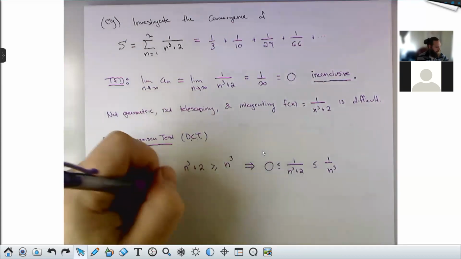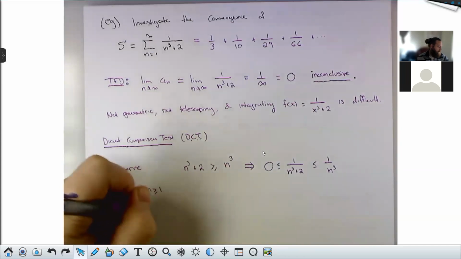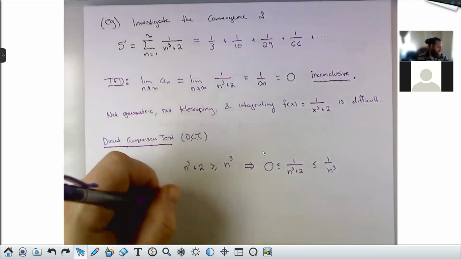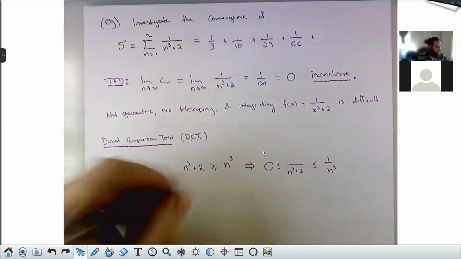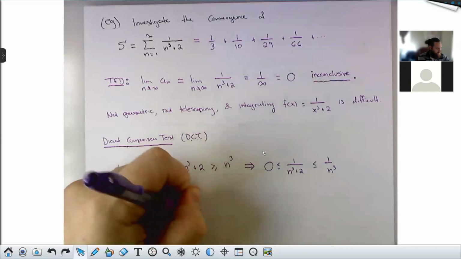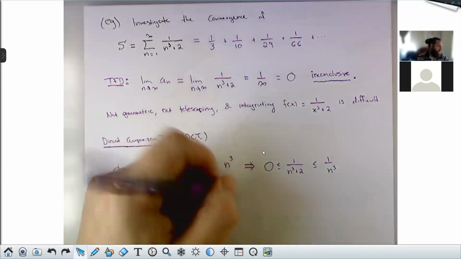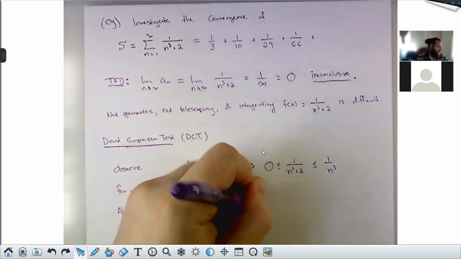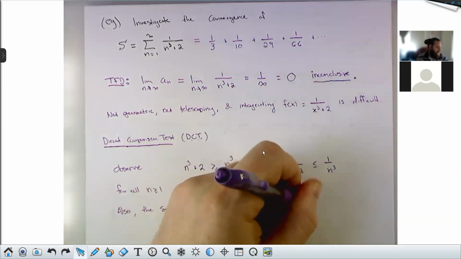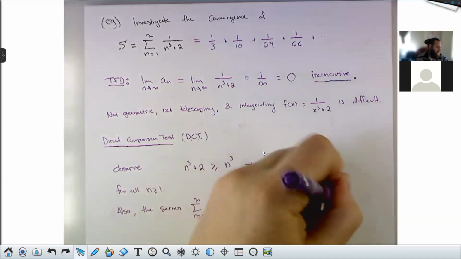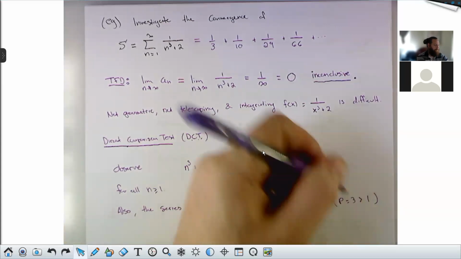We can say also the series of the bn over here, the bigger guys, sigma 1 to infinity, 1 over n cubed, is a convergent p series. Because p here is equal to 3, which is bigger than 1.